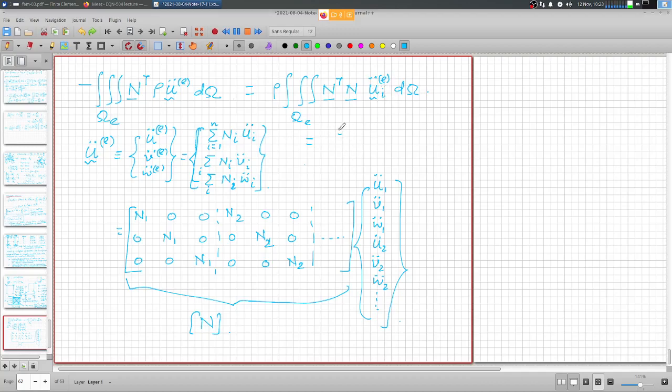So I can write this, and this is what we get as the mass matrix multiplied by the nodal acceleration vector.